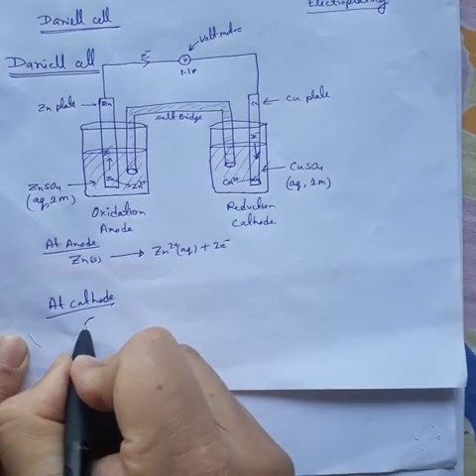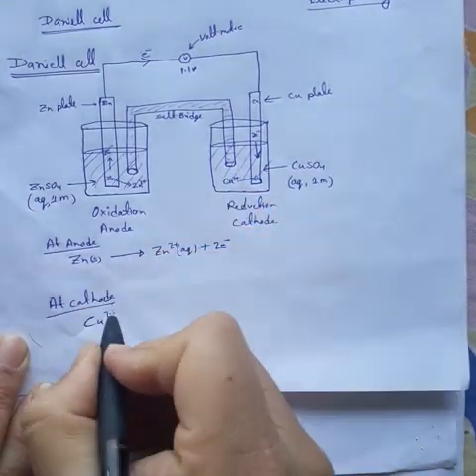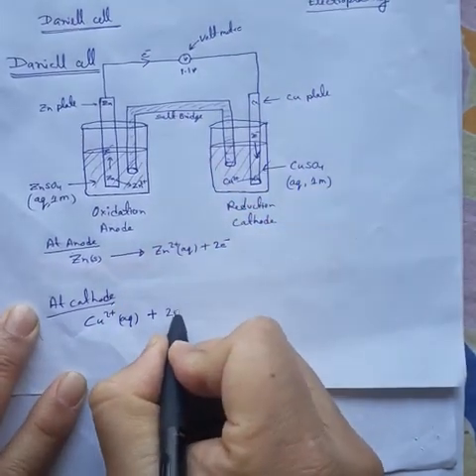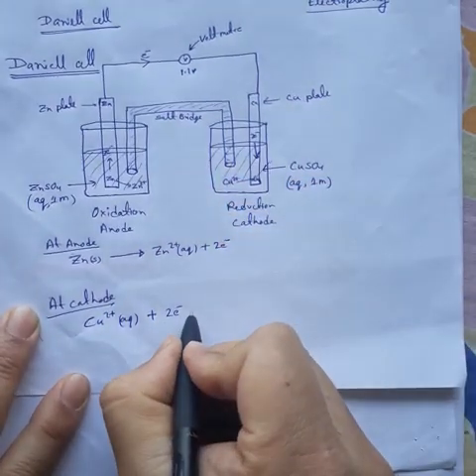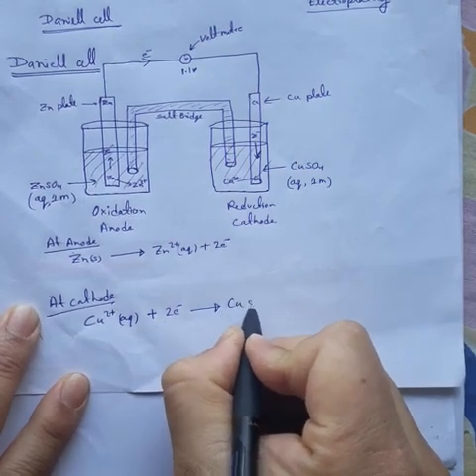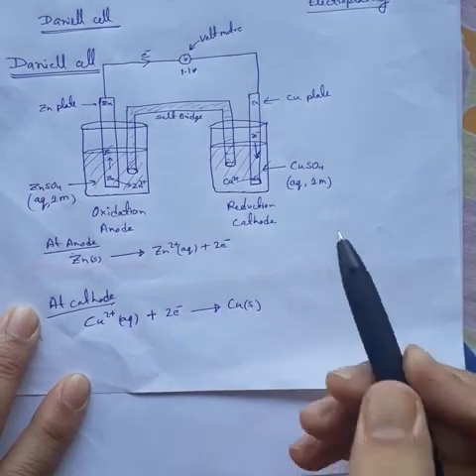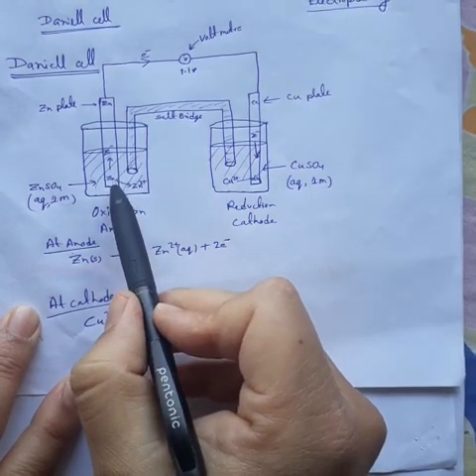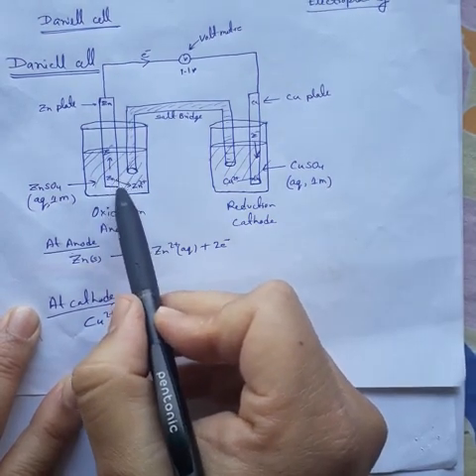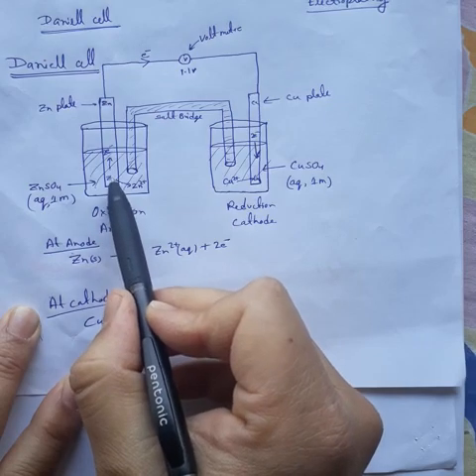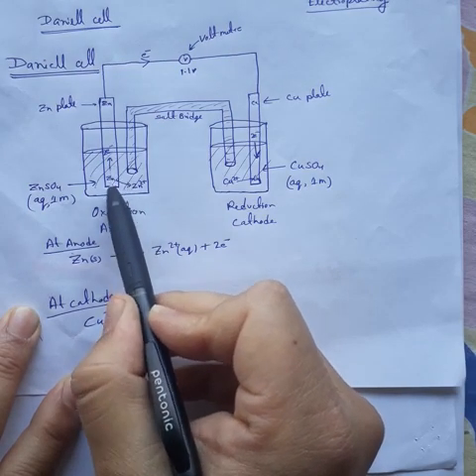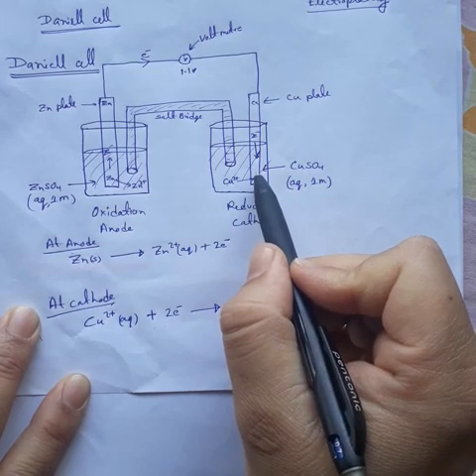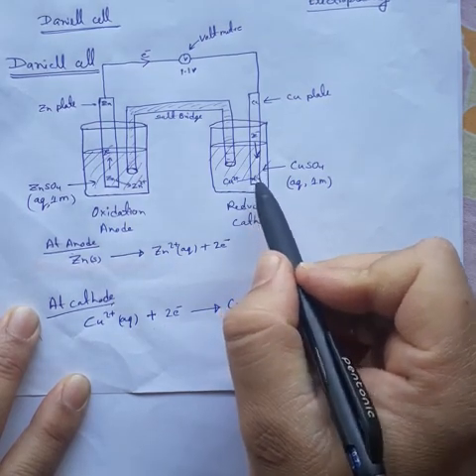So that is the reaction: Cu2+ from the aqueous solution adds 2 electrons from the plate to give solid copper. So this electrode is decomposing, it keeps corroding, as zinc falls from the plate into the solution. The copper goes from the solution and keeps depositing here, so this plate becomes thicker.